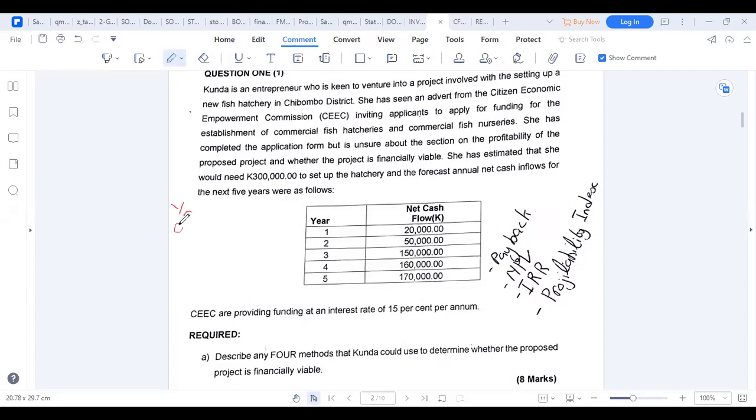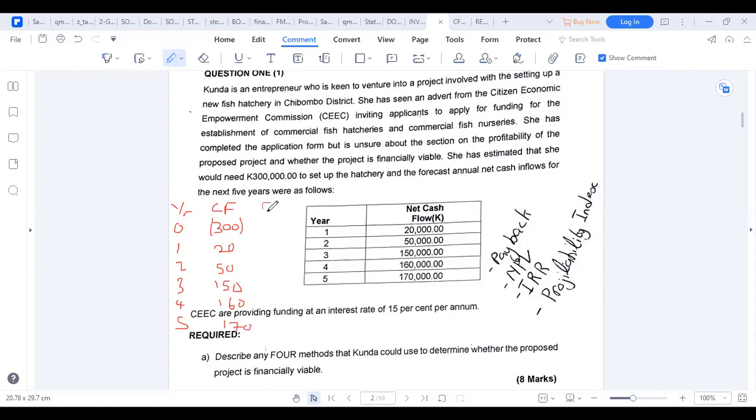For year 0, 1, 2, 3, 4, 5. So what do you put on year 0? The cash flow. 300. Then 20. Then 50. Then 150. Then 160. And finally 170.